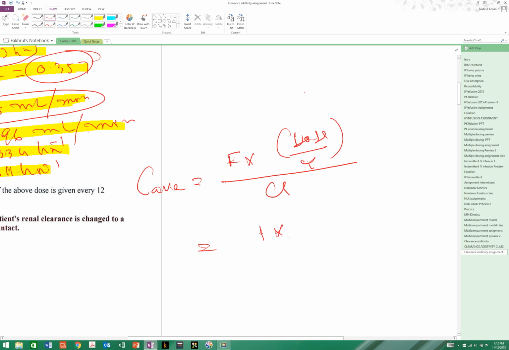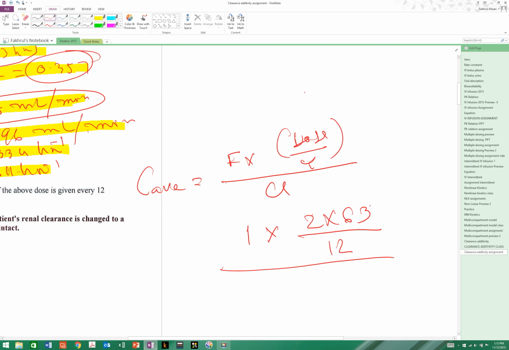We always use 1 for F, times dose. The dose is 2 milligram per kilo per 12 hours, so this is the dosing rate. So 2 times 6.3, and tau is 12, where 6.3 is the patient weight. This is the dose. And then we have CL.